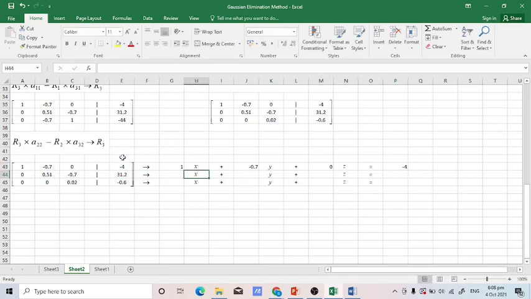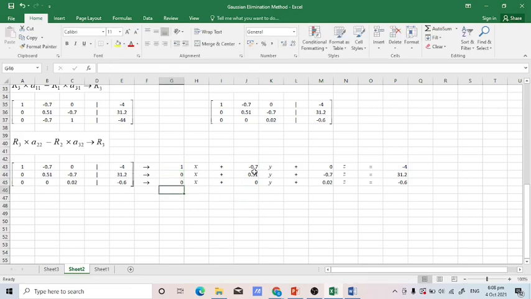Then, ito naman, 0x, 0.51y, tapos to, negative 0.7z, i-drag down na lang natin. Diba? Drag down na lang natin. Ayun. Ayan.